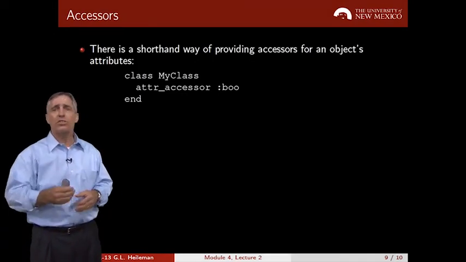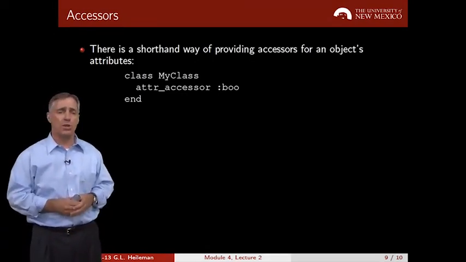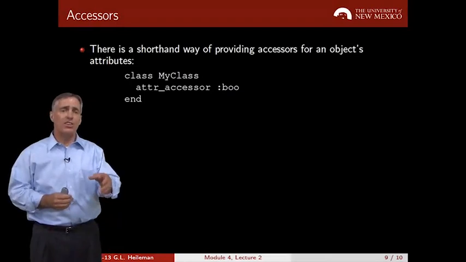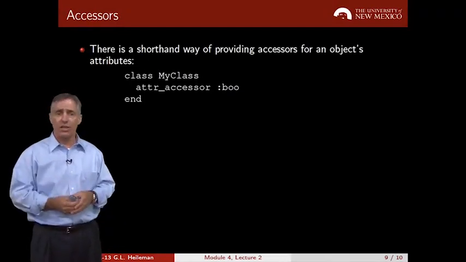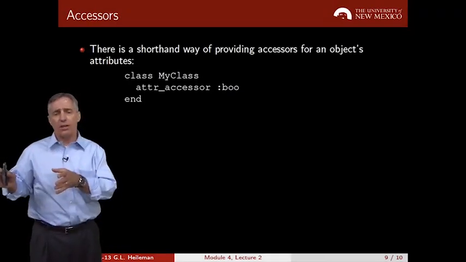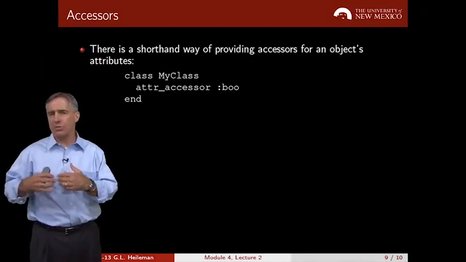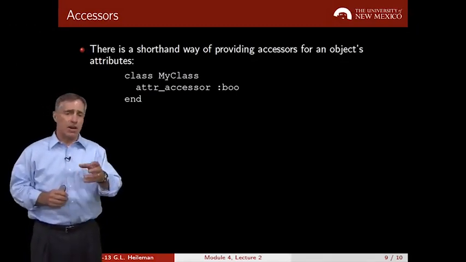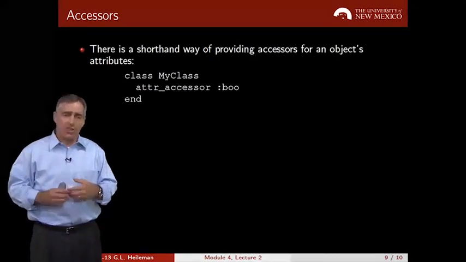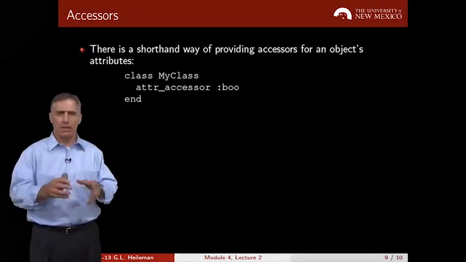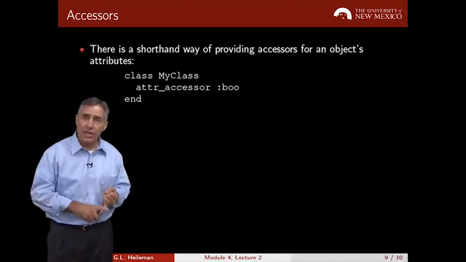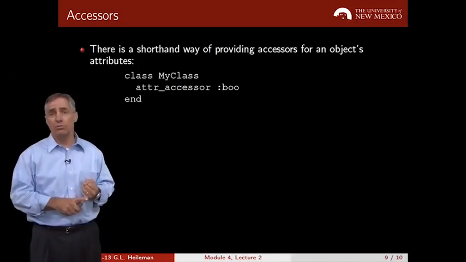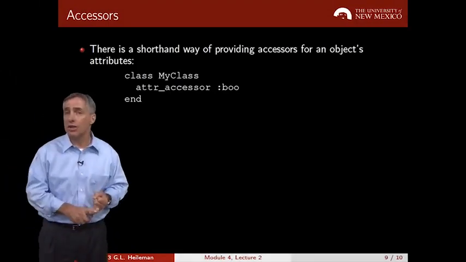So for that reason, there's a shorthand way of doing that in Ruby. You just type attr_accessor, and then you provide :boo, which turns out to be something called a symbol that we'll study a little bit later. If you simply provide this attr_accessor, attribute accessor in other words, and use boo, it'll create the instance variable called boo, and it'll create the getter and setter methods as well.